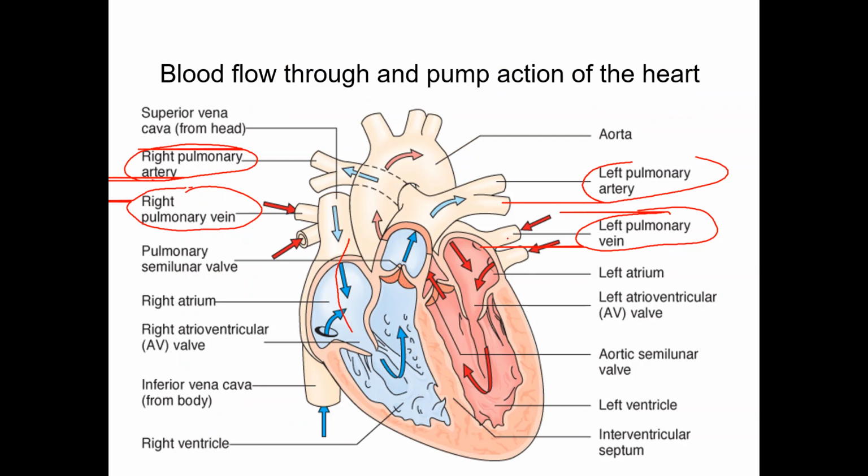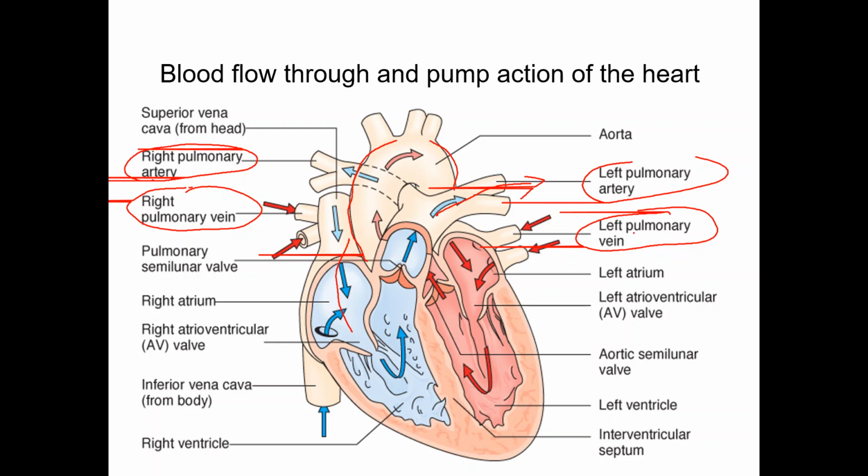Understand how to name all these arteries and veins that generate from the heart, because the aorta is so super important. And again, the left and right pulmonary arteries, what kind of blood they transport, in which direction.